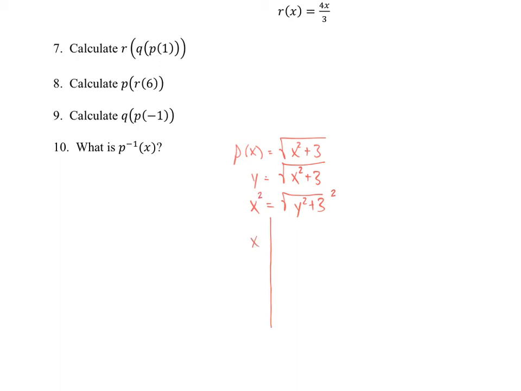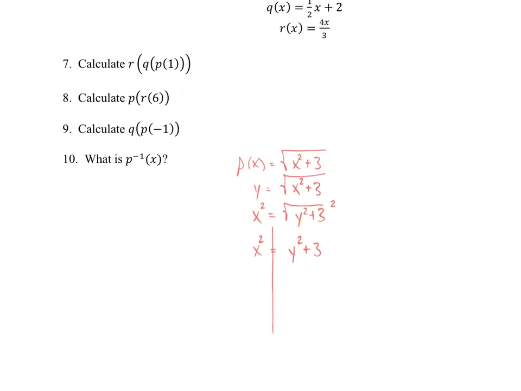So now I'm going to have x squared, and over here I'll just have y squared plus 3. All right. Now I got to get rid of that 3, so I'm going to subtract 3 from both sides. So now I have x squared minus 3 equals y squared.